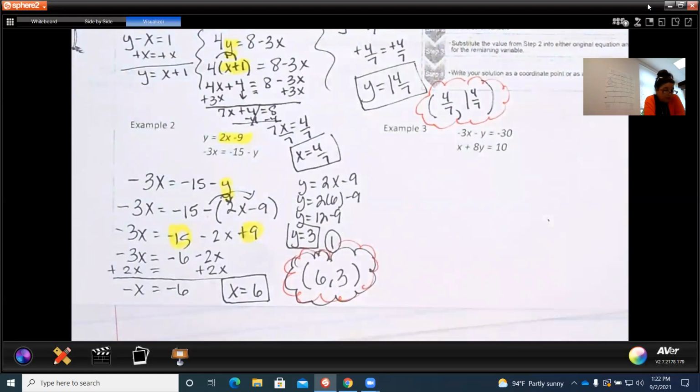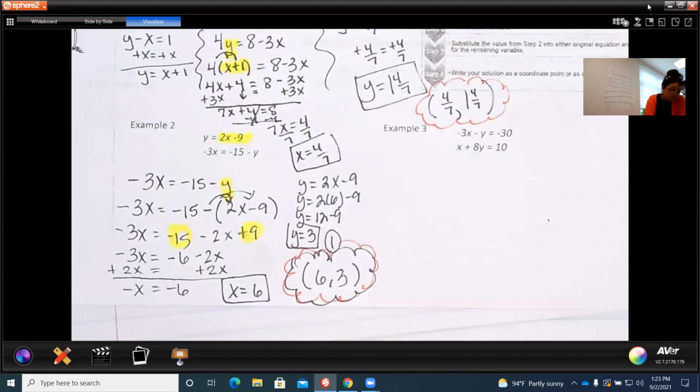Which equation do you think is going to be easiest for me to isolate a variable? Bottom or top? If the bottom, what's going to be easiest, the x or the 8y? X. The top, the negative y would be easy to isolate, but it's negative, so I'd also have to make it positive. If you have a positive coefficient of 1, that's just the easiest.